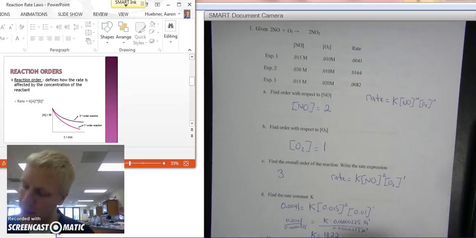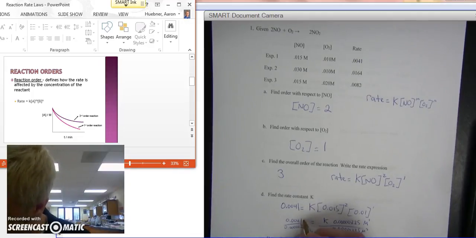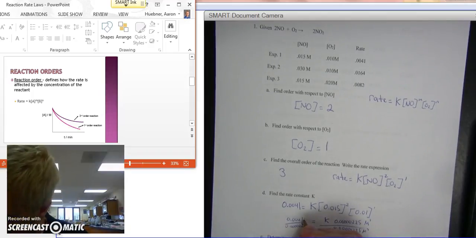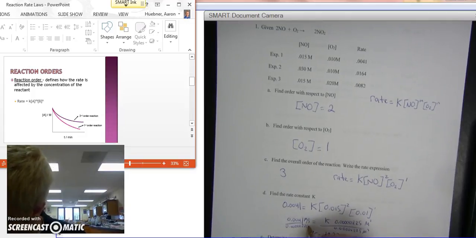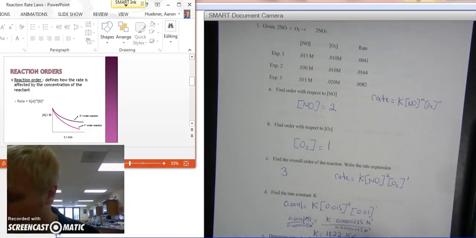I'm not going to be real concerned about units, and I'm not going to be taking points off. But technically, we've got molarity per second here, and molarity cubed here. What's happening is one molarity is canceling out, and really we have a unit of 1 over second times molarity squared, as this is a third order overall reaction.